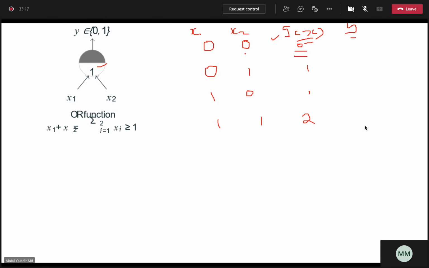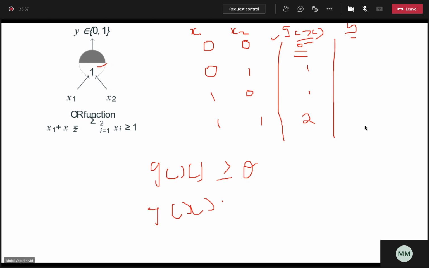Okay, now you tell me. If g of x is greater than or equal to theta, it will fire. If g of x is less than theta, it will not fire.